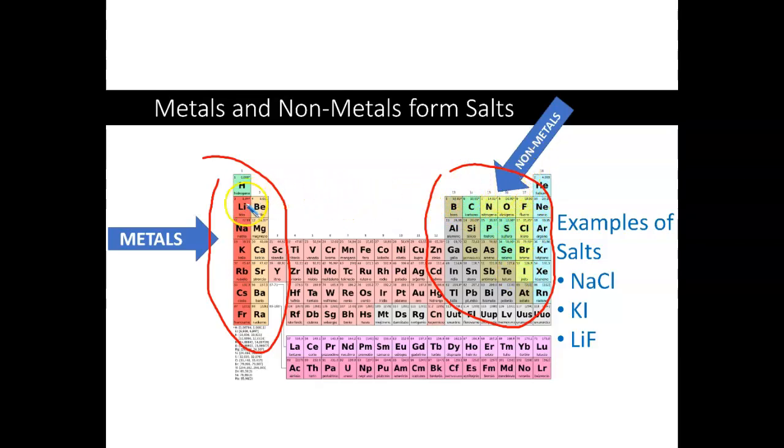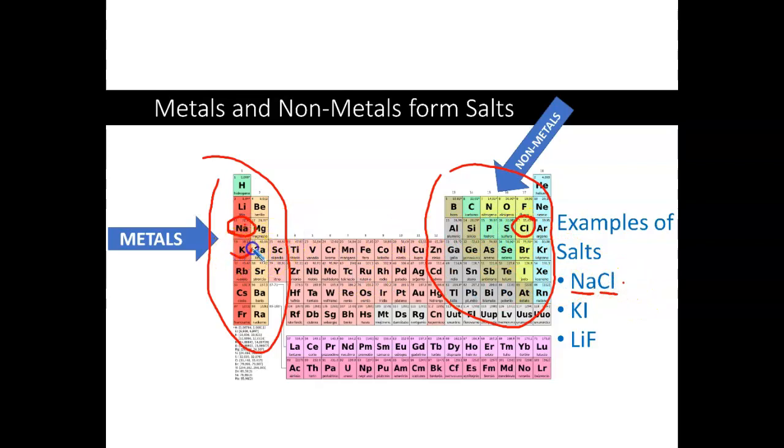So here are some examples of salt. Let's look at sodium chloride. If you go over here to the left side, you look in your metals and there's sodium right there. And this is a non-metal, and there's chlorine. If you combine those two together, you will get a salt.